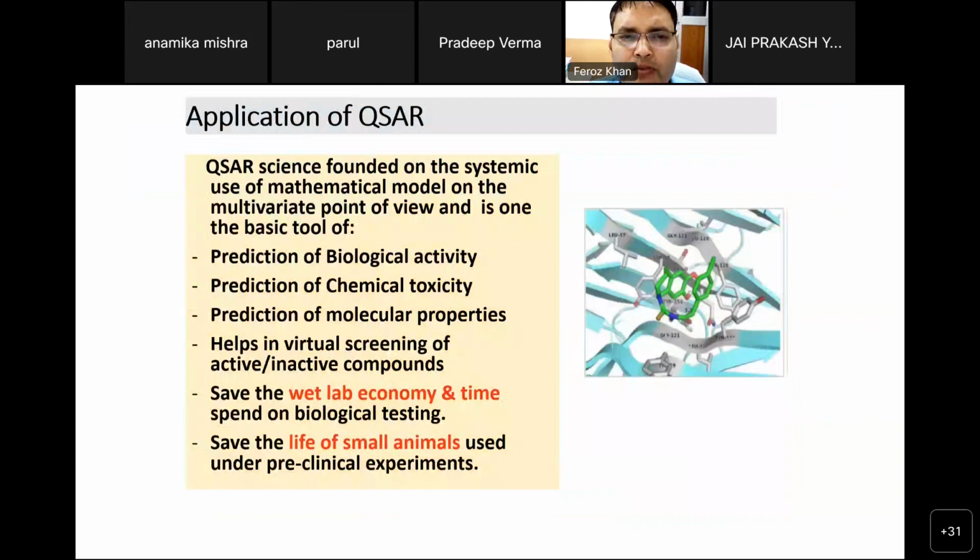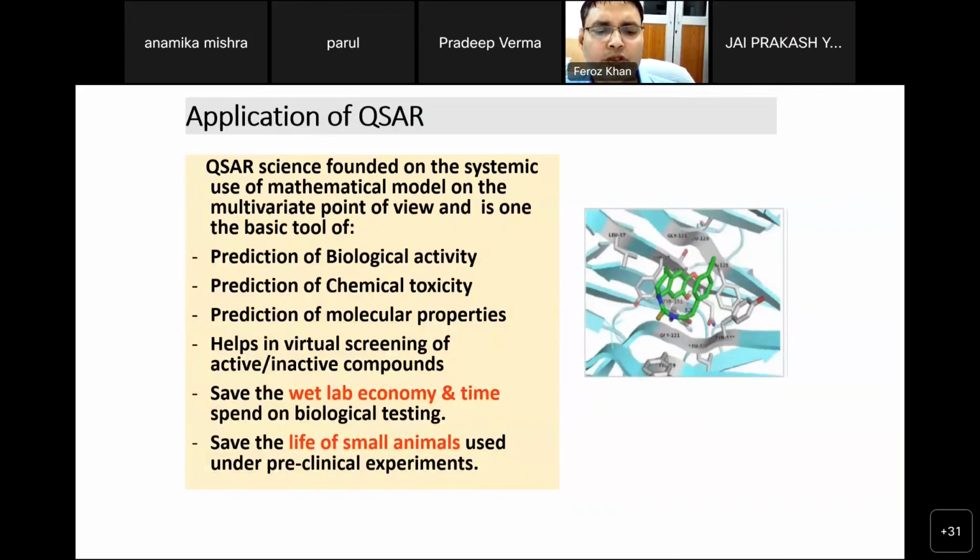Now see the application part of the QSAR. So normally in worldwide labs, I just witnessed some labs, even the University of California also, they use QSAR for biological activity prediction, cytotoxicity prediction, even molecular properties prediction also. And this QSAR application saves the wet lab economy and time.